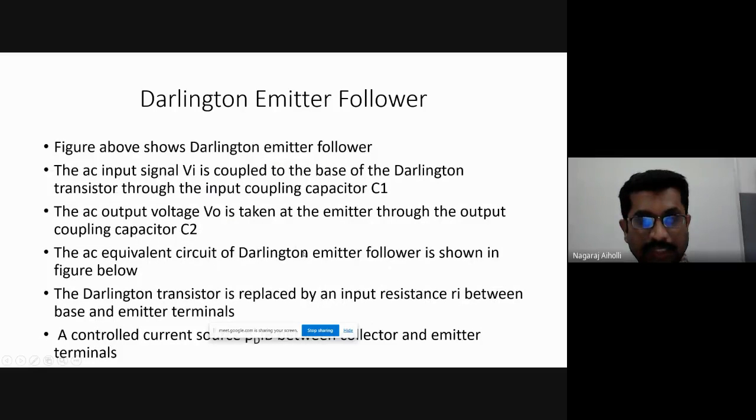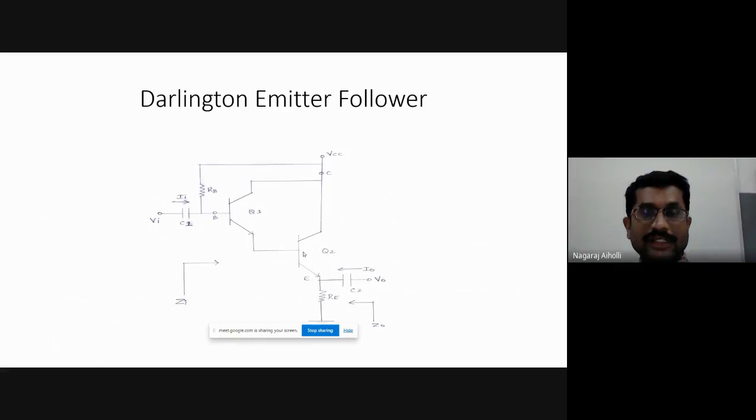Let us draw the AC equivalent circuit. This is similar to the AC equivalent circuit of the basic emitter follower, right? But here instead of beta Re, we have Ri, the input resistance, because it is a combination of two transistors.